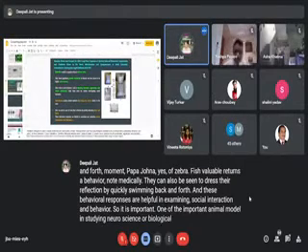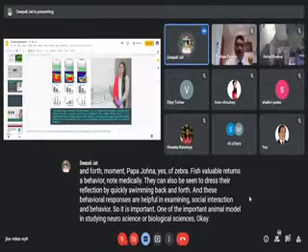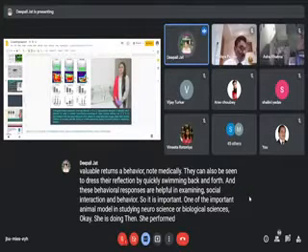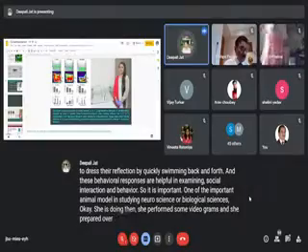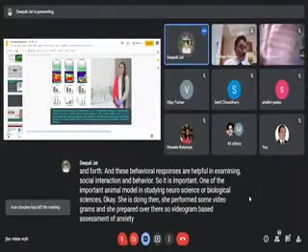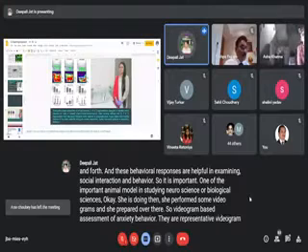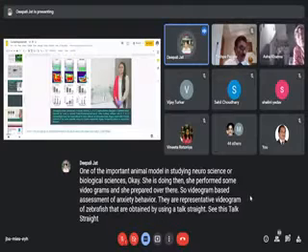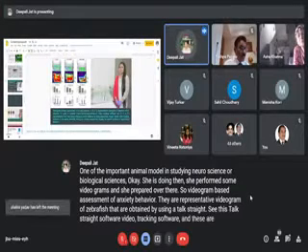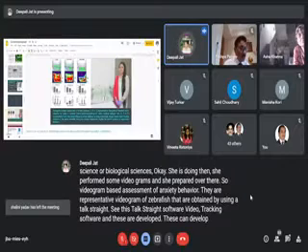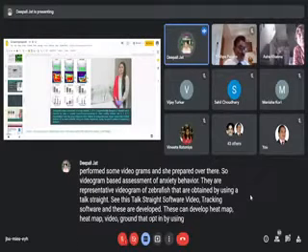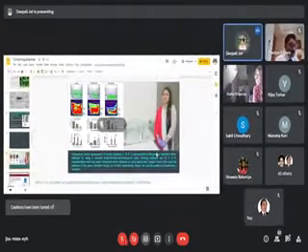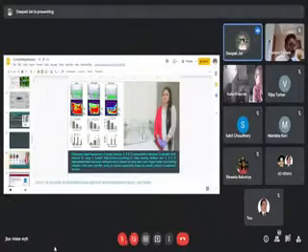She performed some videograms and prepared them. So, videogram-based assessment of anxiety behavior. These are representative videograms of zebrafish obtained by using a video tracking software. These can develop heat map videograms obtained using the ZebraTrack method in ImageJ, based on video tracking software of the same zebrafish. During 6 minutes, she took the pictures and displayed the scientific pattern of exploratory behavior.